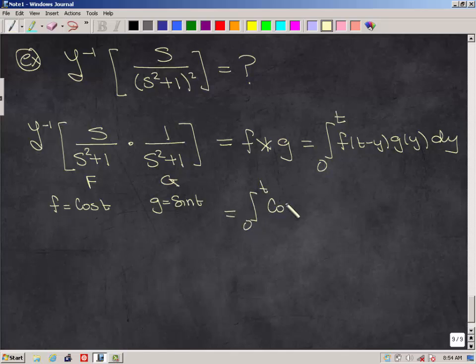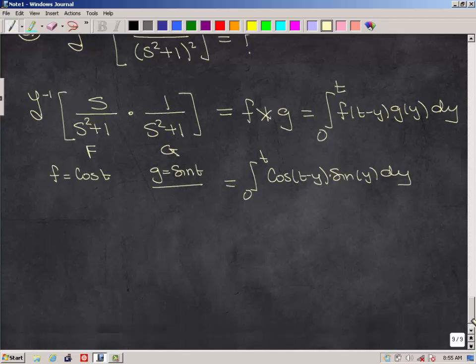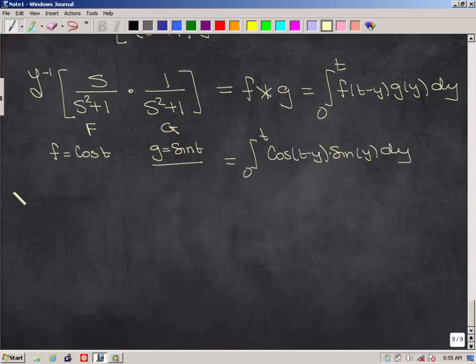So we get cosine of t minus y, g of y, g is right here, so it'll be sine of y dy. This is a product of sines and cosines. So using a trig identity, the product to sum identity, you can look it up in a trig book or in the back cover of a calc book, which will give us a half in the front.